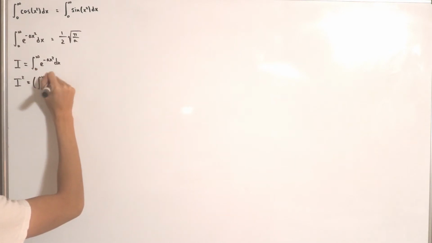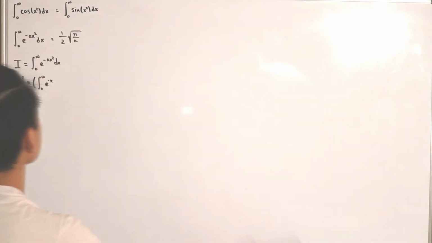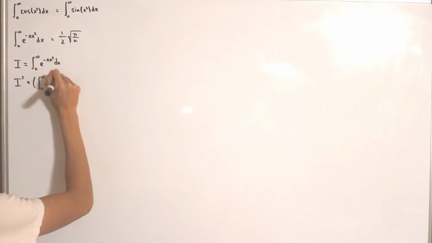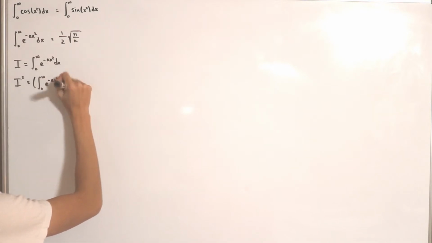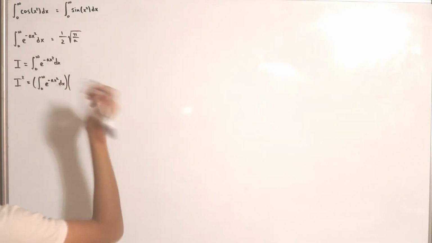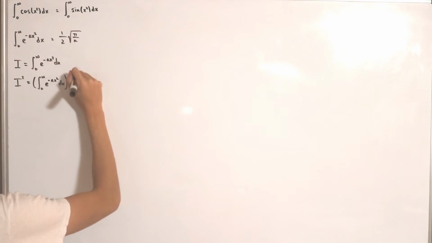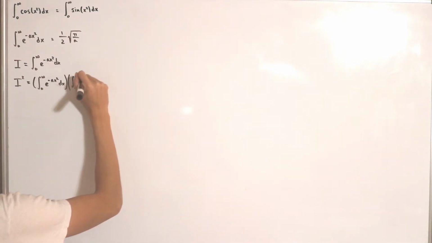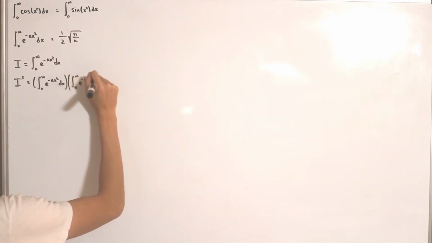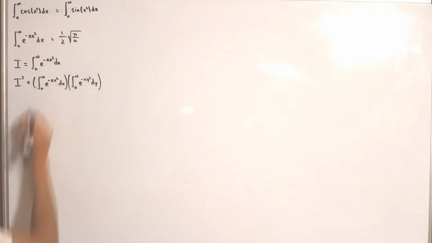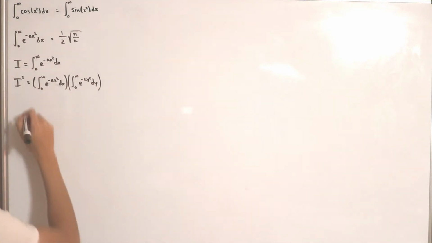So we have the integral of e to the negative a x squared dx, and then multiply by, using y for the dummy variable, the integral from 0 to infinity of e to the negative a y squared dy. Then we can multiply these two integrals to form a double integral.